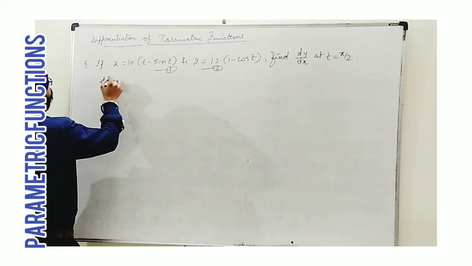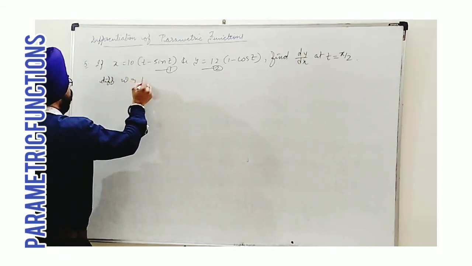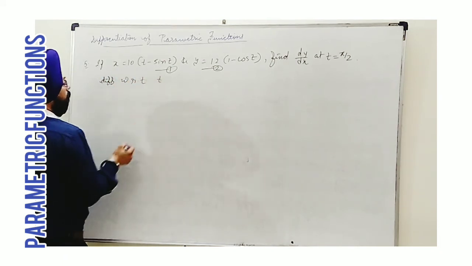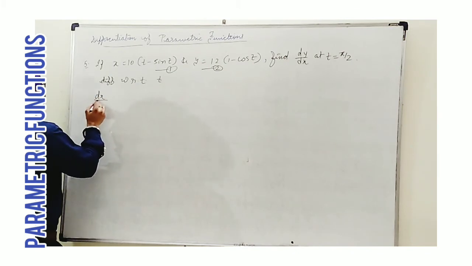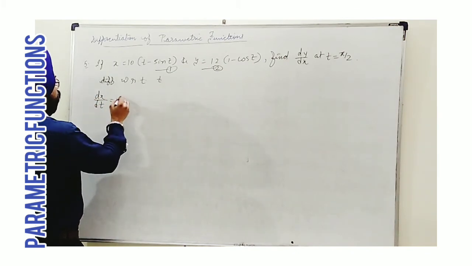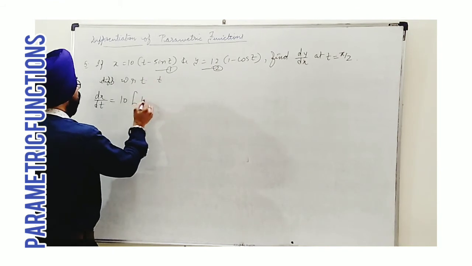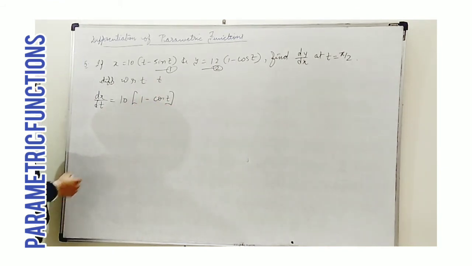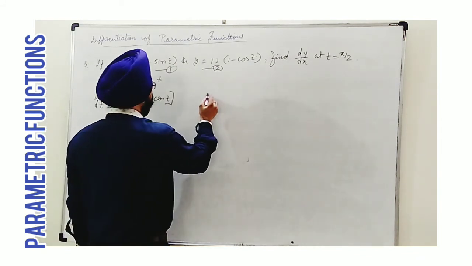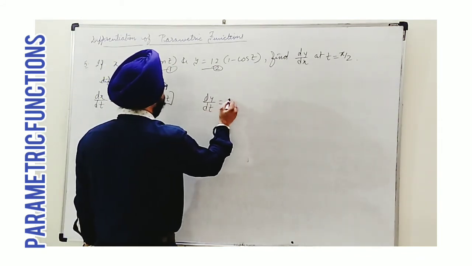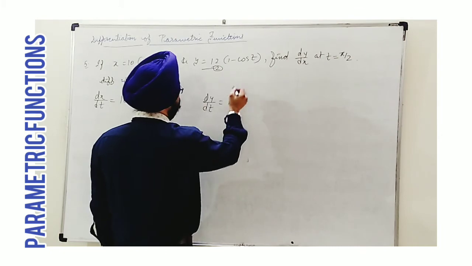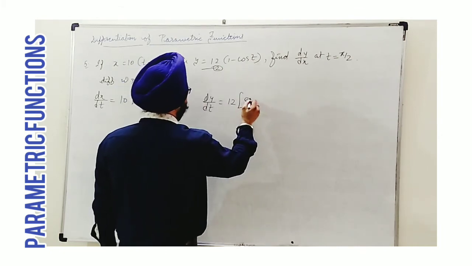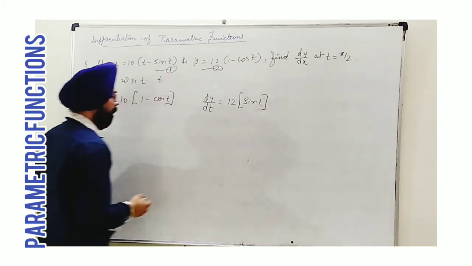Differentiating with respect to t, we get dx upon dt equal to tan as it is, times 1 minus cos t, that is sin t. Then for dy by dt, 1 will turn 0, cos t gives minus sin t, so finally we get sin t.